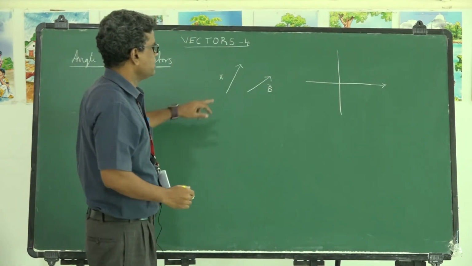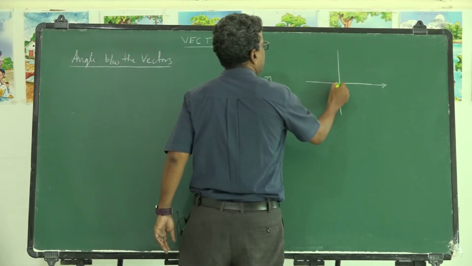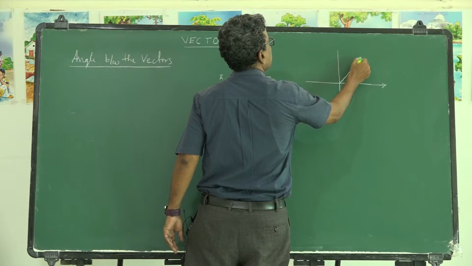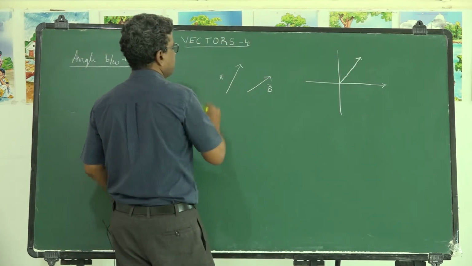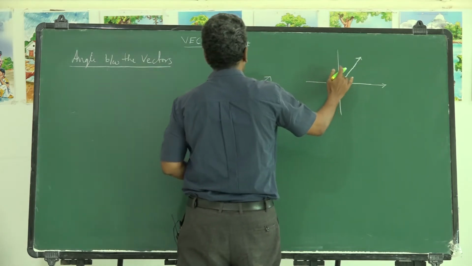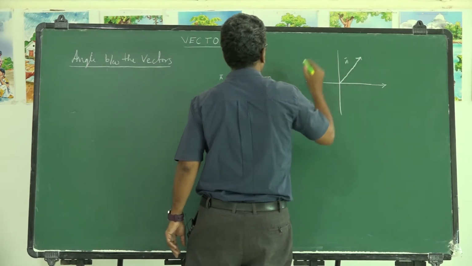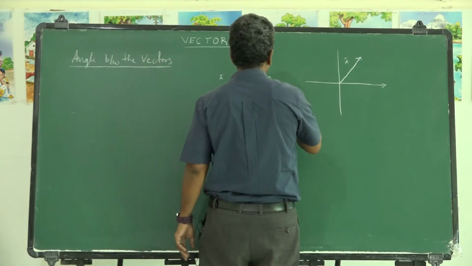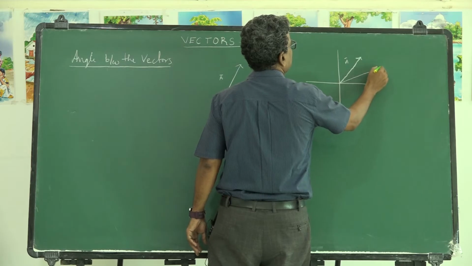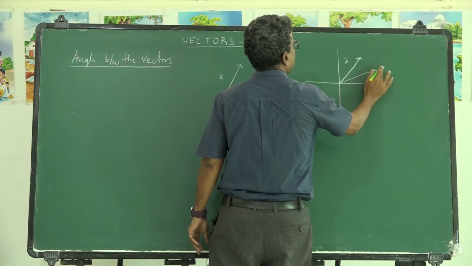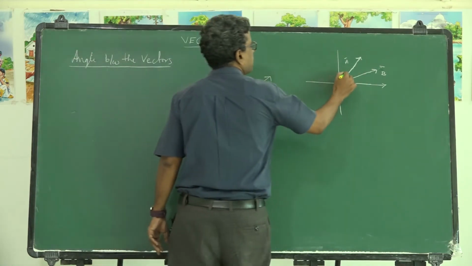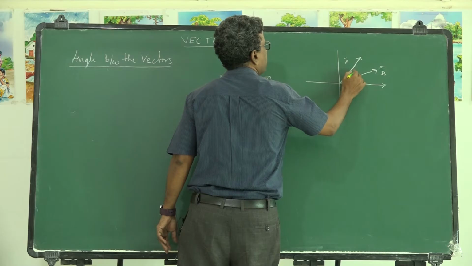A bar and B bar have the same magnitude and direction as before, and B bar will be in this direction. So, this is the angle between the two vectors, A bar and B bar.